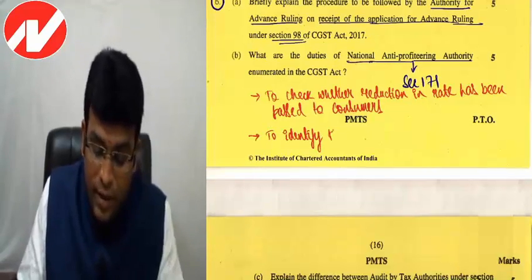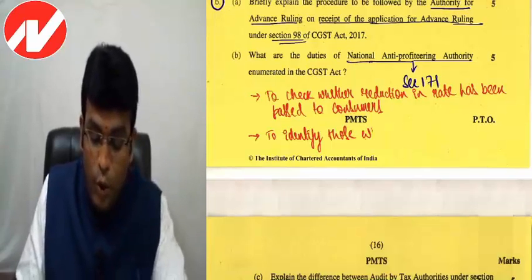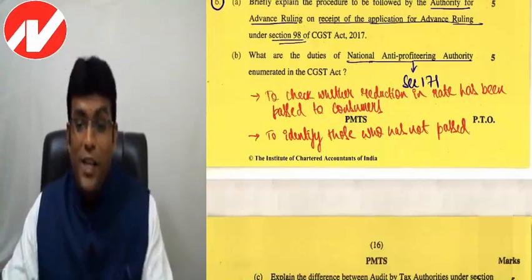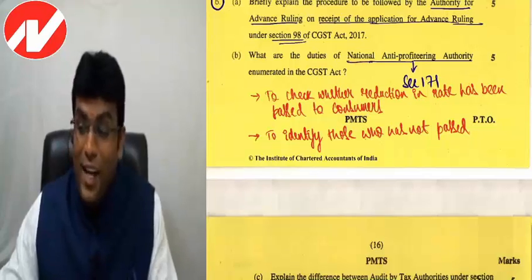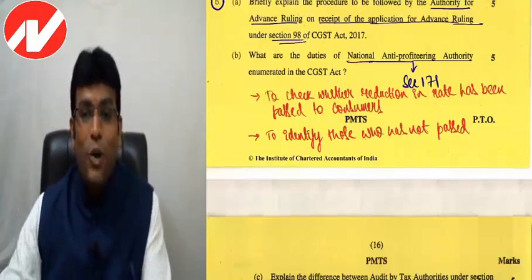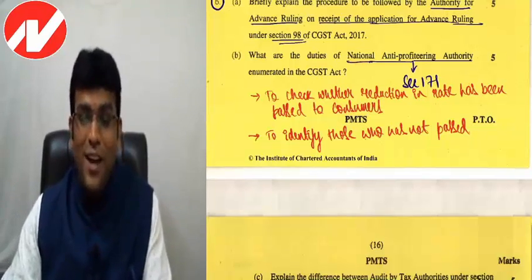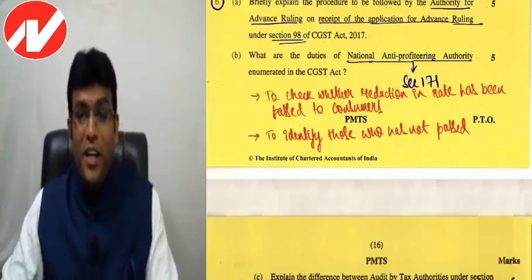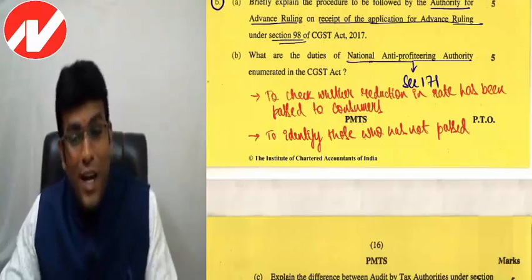Then to identify those who have not passed. I repeat one more time, to identify those who have not passed. First line, what I told? To check whether reduction in rate has been passed on to consumers.